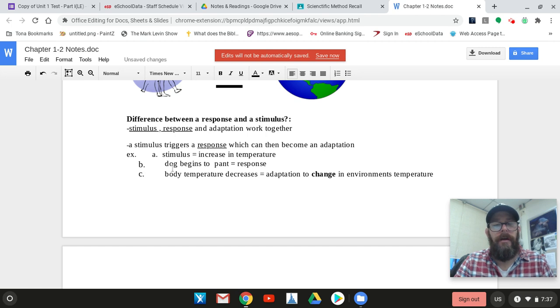B, a dog begins to pant, which equals a response to the stimulus. C, your body temperature decreases, which is known as adaptation to change in environmental temperature. So that's how it all comes together in regards to adaptation, response, stimulus.